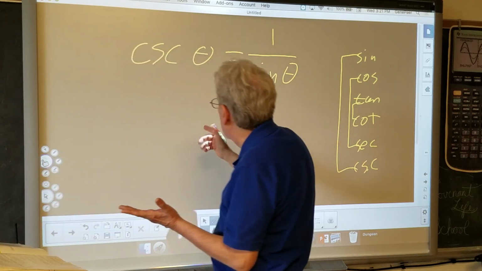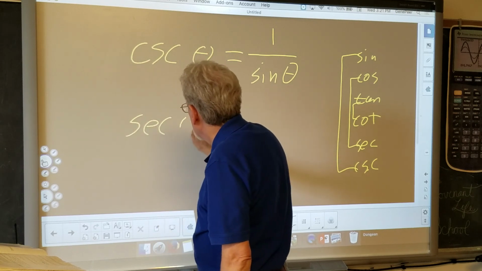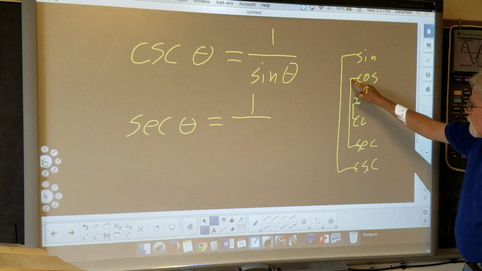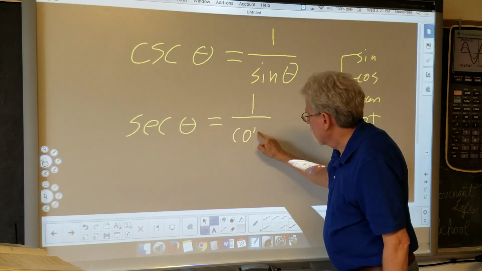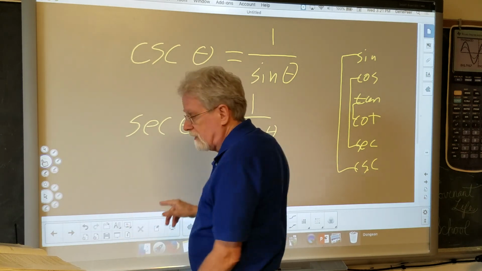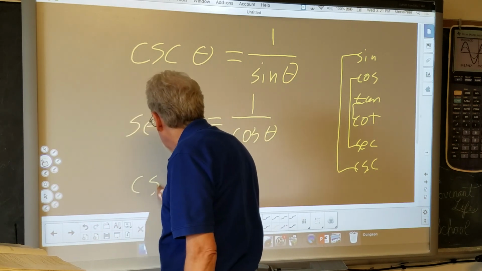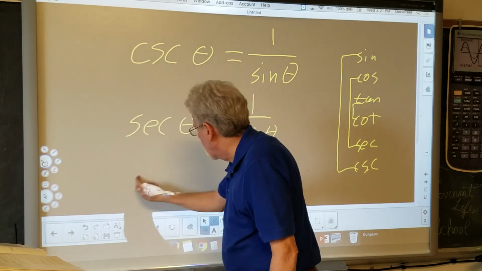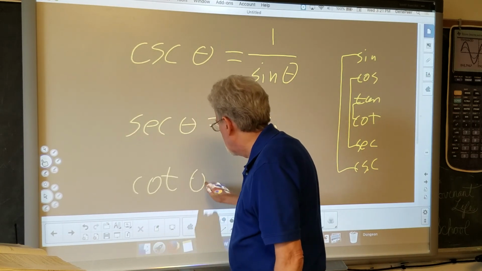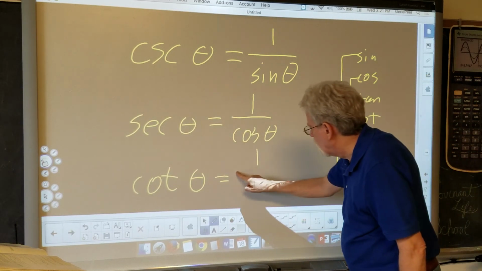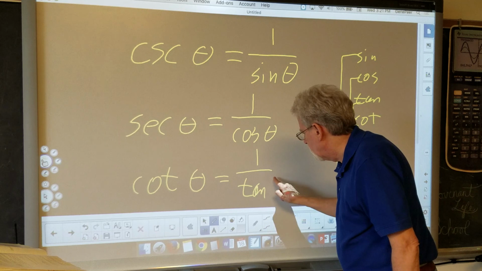The other reciprocal identities, secant of theta will be equal to 1 over cosine theta. And lastly, cosecant of theta is going to be, no, we did that one, sorry. Cotangent of theta is going to be equal to the reciprocal of tangent, or 1 over tangent theta.